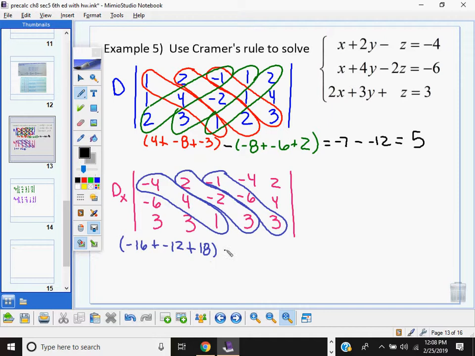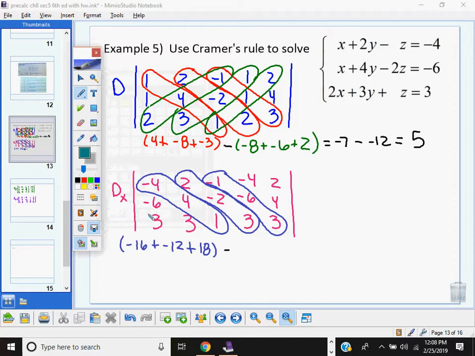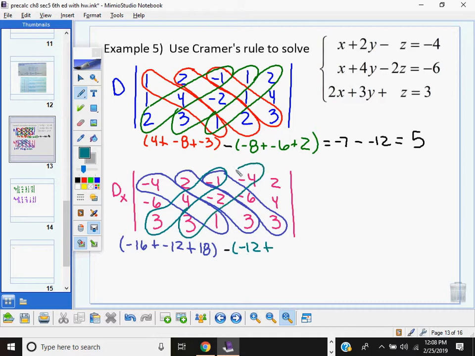Now we put a minus. Let's multiply up. 3 times 4 times negative 1 is a negative 12, plus 3 times negative 2 times negative 4 is a positive 24, plus 1 times negative 6 times 2 is a negative 12.